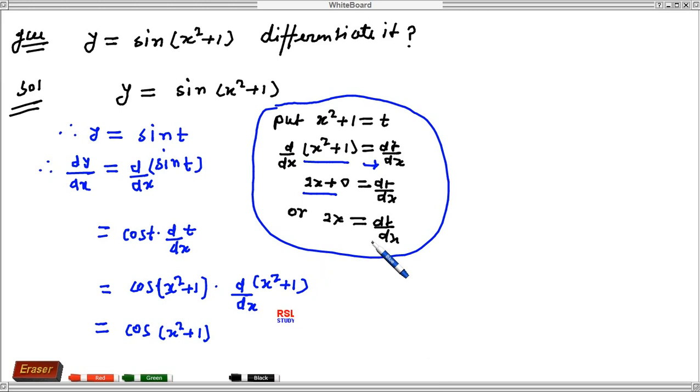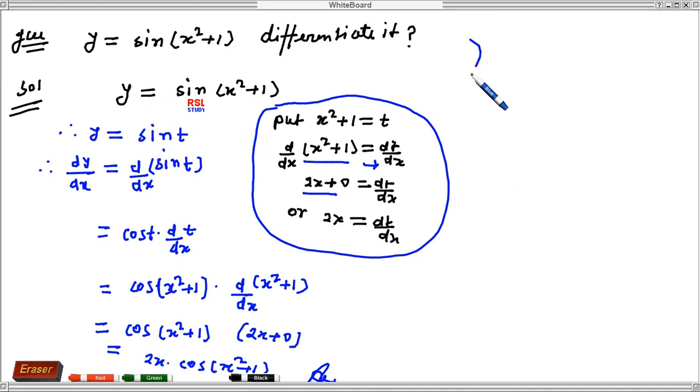So here you are saying that y equal to sin of x square plus 1.